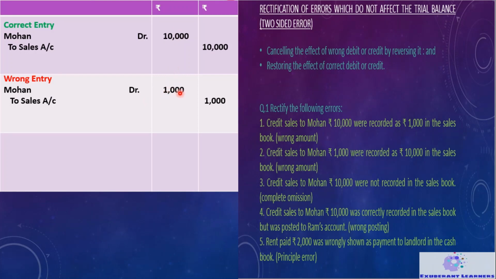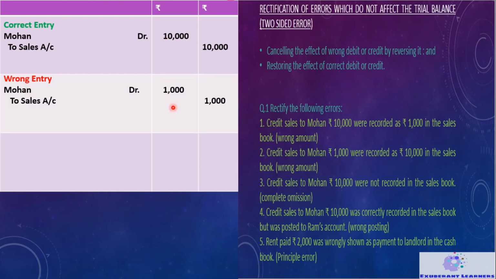So what we have to do is, this has already been recorded and we cannot cut this, or put any type of remark or mark in the journal. We can only do one thing: pass another entry called a rectifying entry to show the correct effect. So 1,000 is already recorded in Mohan's account.